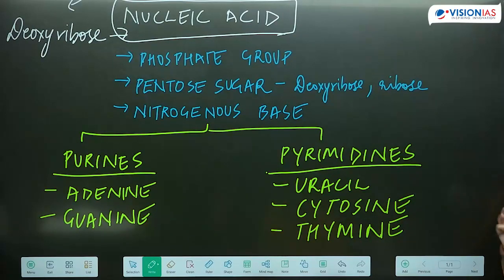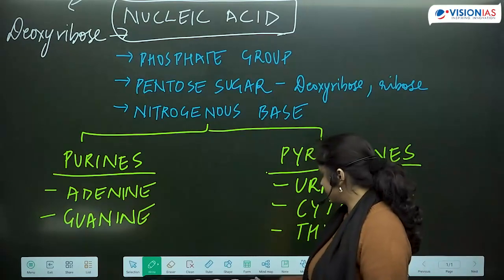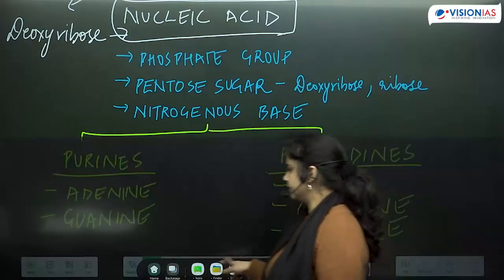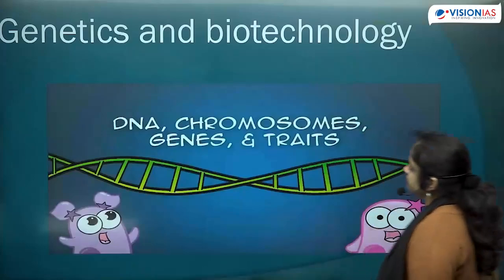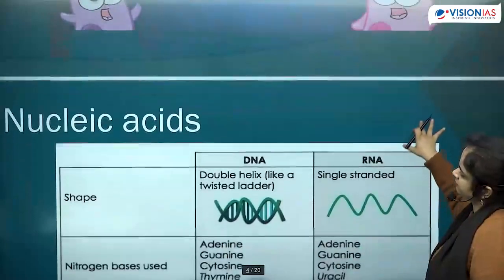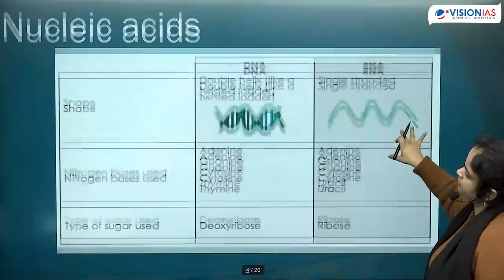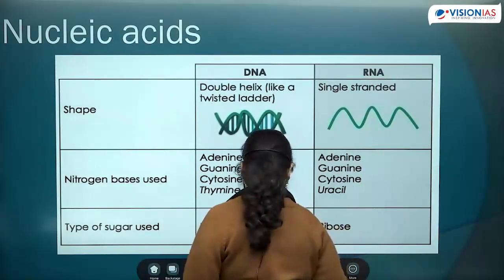Okay. Now we are going to talk about the two types of nucleic acids, which are your DNA and RNA. So let's see what's the difference there. So you can write this as types of nucleic acid.